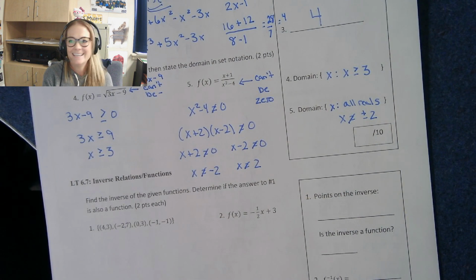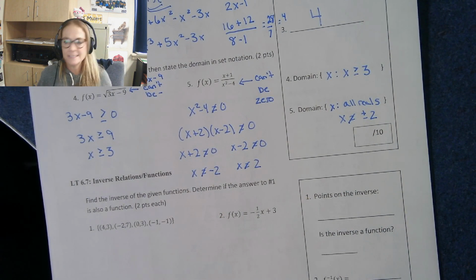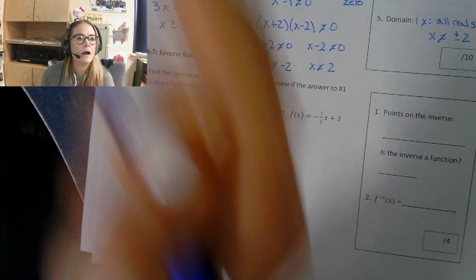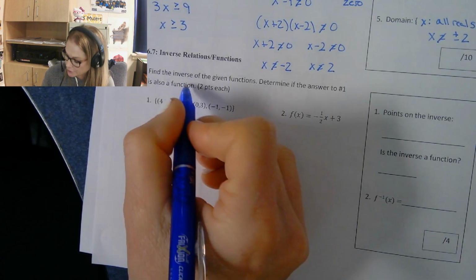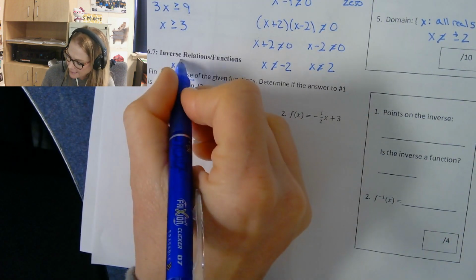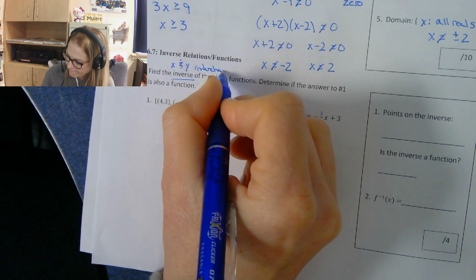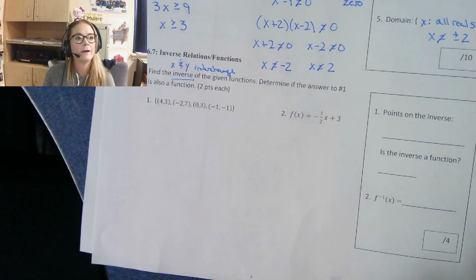All right? Whew. Okay, last one here, 6.7. All right, inverses. Basically, the gist of an inverse is that x and y interchange. Okay, x and y interchange.